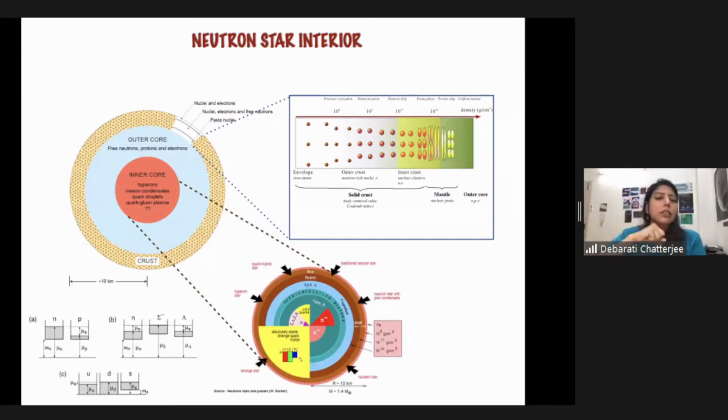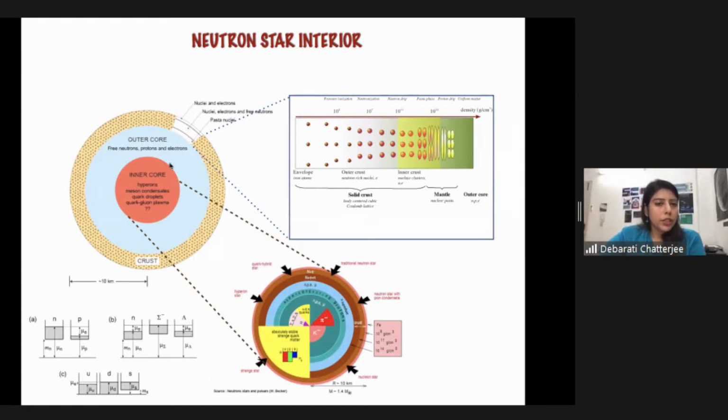Now what we do is we try to put together all this information to construct the complex internal structure of neutron stars. It's like a jigsaw puzzle. If we put together all the information, this is what we think a neutron star interior looks like. You have a cross section of the neutron star. As you go from the surface towards the interior, the outer layers contain heavy nuclei like iron nuclei, embedded in a sea of electrons.